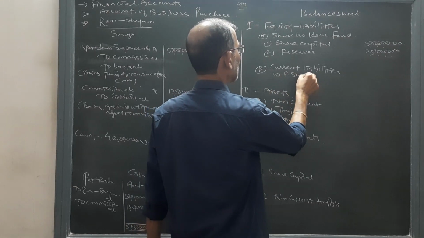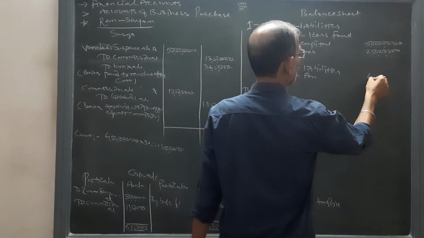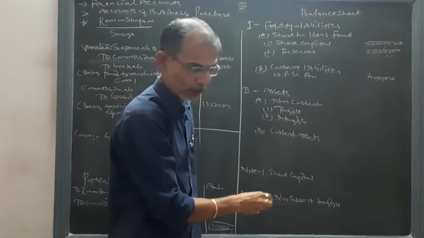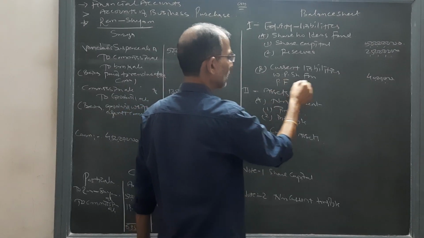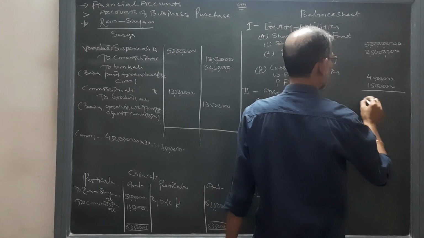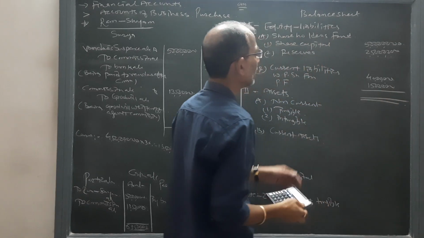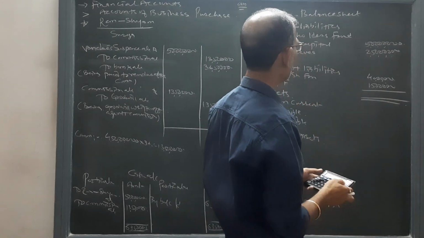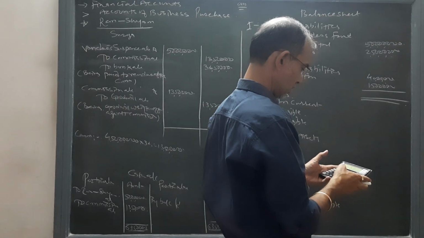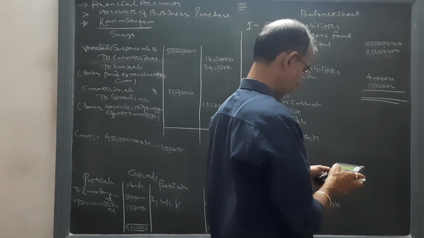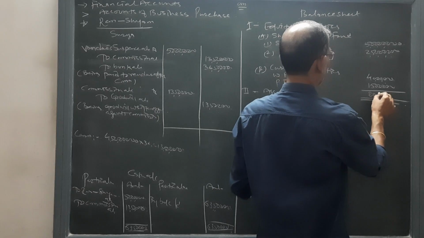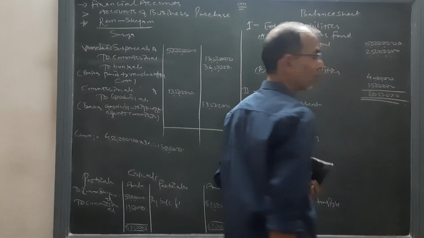Workers profit sharing fund 40 lakh and other is provident fund 15 lakh. So total of the balance sheet will be 7 crore 50 lakh plus 55 lakh, that is 8 crore 5 lakh.